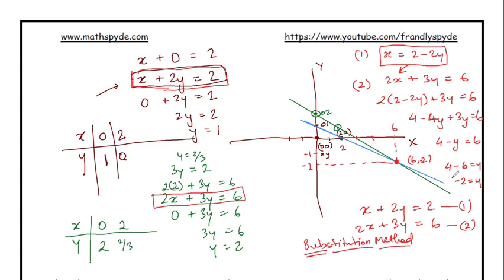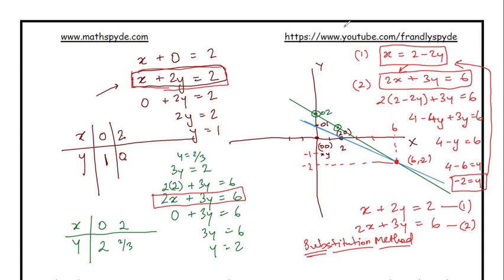Since I got the value of y is equal to negative 2, I'm going to substitute the value of y in the first equation. You can substitute in any of these two equations to get your answer. But I'm going to substitute it in the first equation because it looks less calculative compared to the second one.